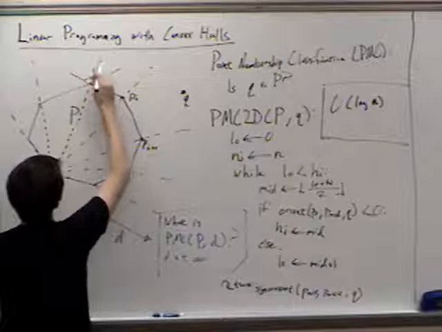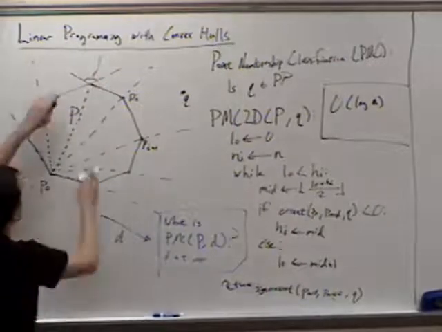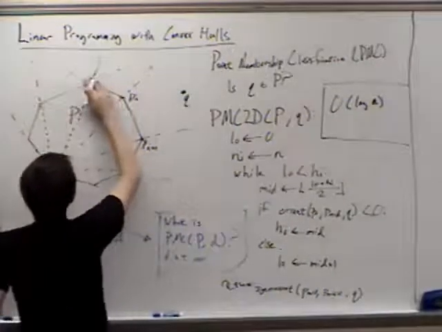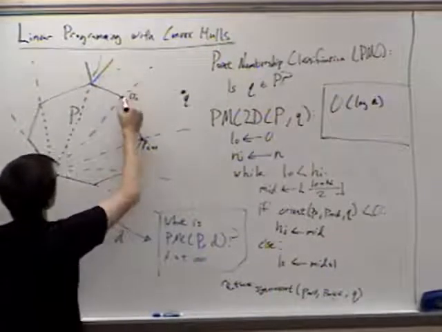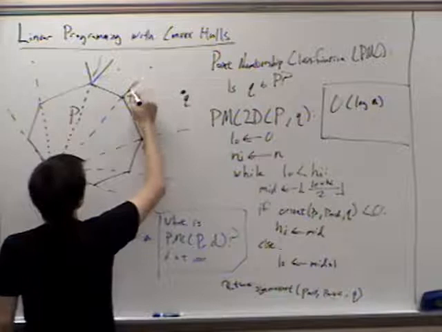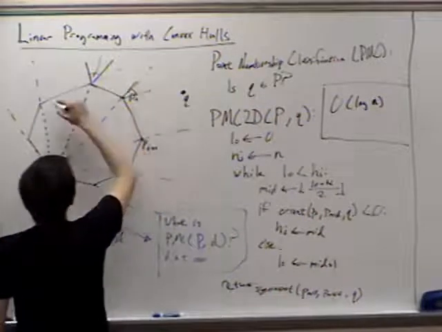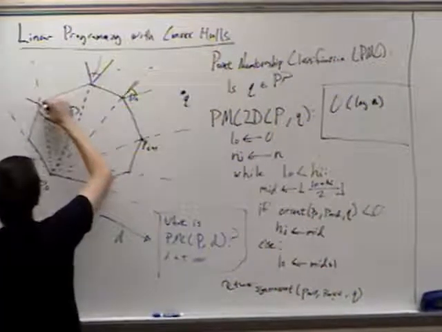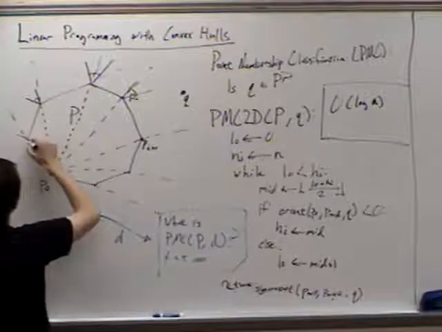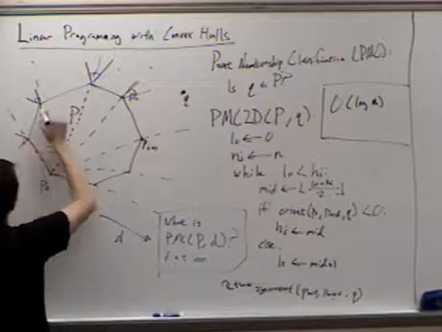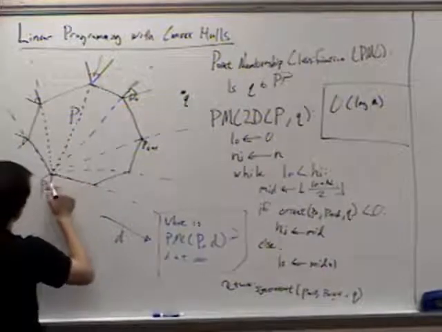Then we have some angle here. We should actually draw these lines perpendicular. So if I take two lines which are perpendicular for each of these surfaces, then I have these little fans that stick out along each vertex.